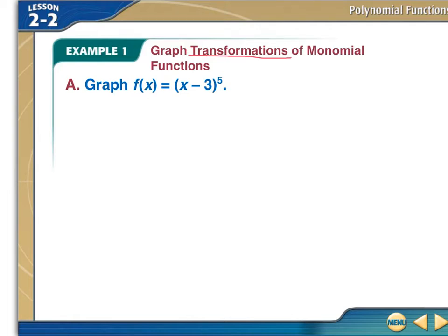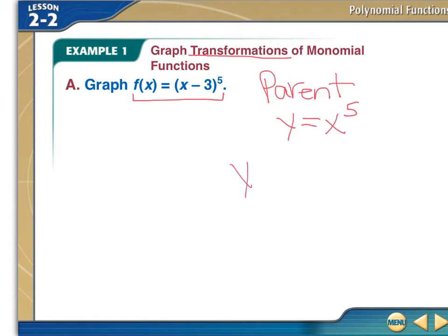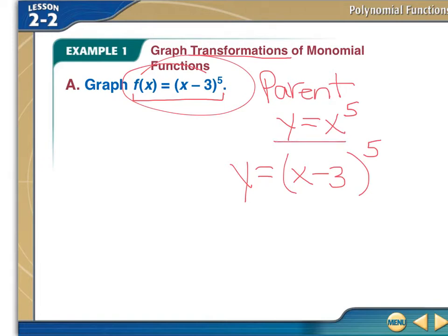Now, this function is f of x equals x minus 3 to the 5th. Its parent function is just y equals x to the 5th power. If you compare these two functions, you can see that we're subtracting 3 inside the grouping symbols.